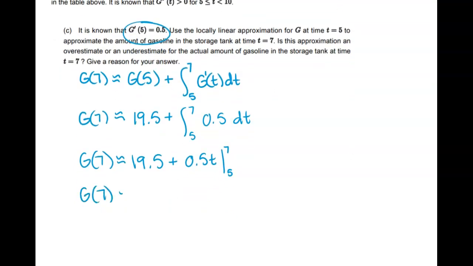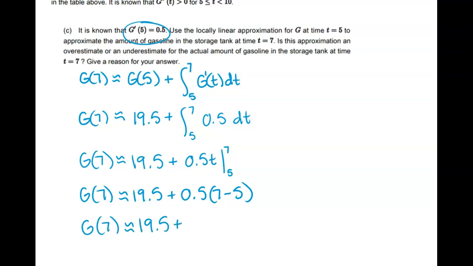So g of 7 is approximately 19.5 plus 0.5 times 7 minus 5. Well, 7 minus 5 is 2, 0.5 times 2 is 1. So g of 7 is approximately 20.5 thousand gallons.